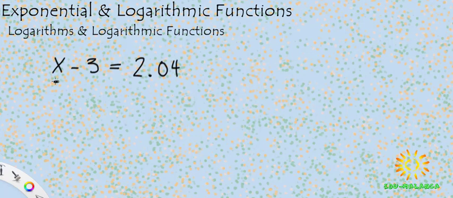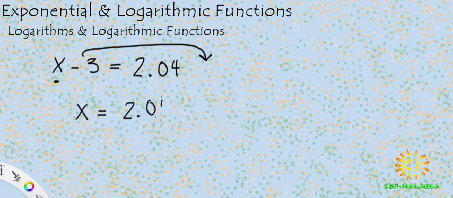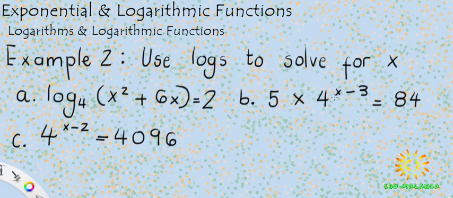Remember, we're solving for x, so we're going to move the negative 3 to this side of the expression. We then get x should equal 2.04 plus 3, and so x is equal to 5.04. And this is the solution for question B.